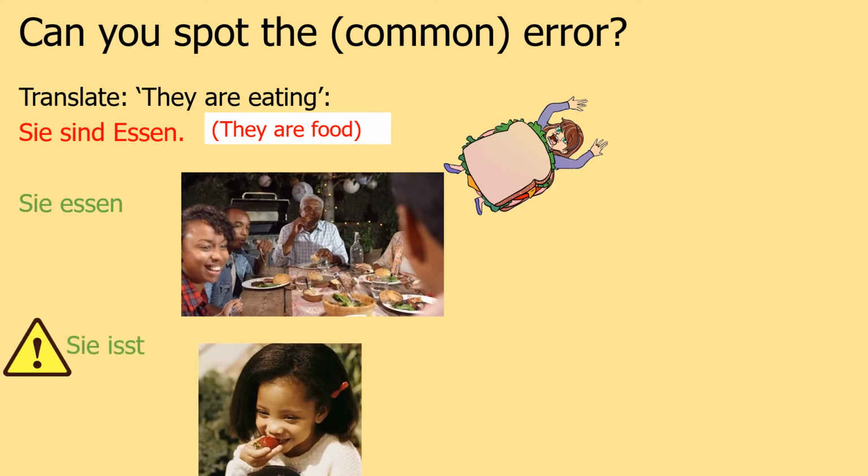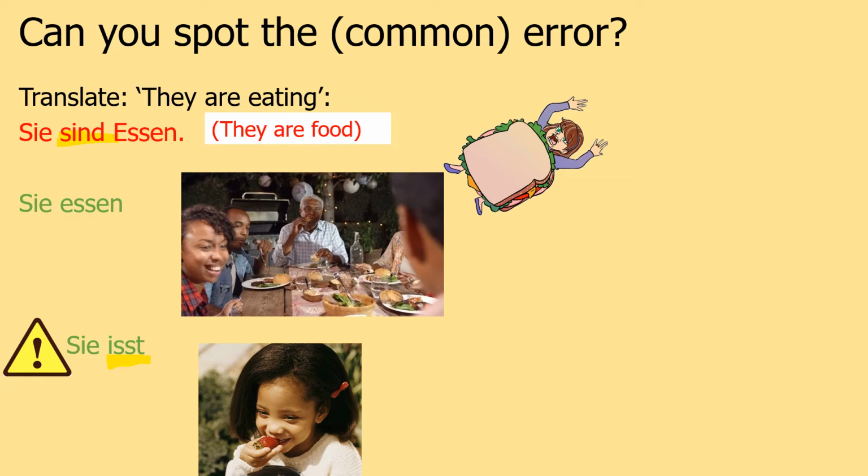However, the good thing is that in this case, essen, so to eat, is changed into sie isst, so it's irregular. So again, you need to know these two forms of the verb in order to translate correctly and make sure that your message is coming across. But what you have to remember is that you do not use the sind here.